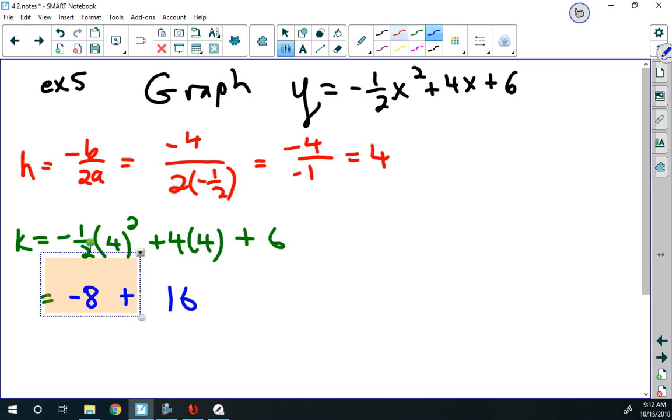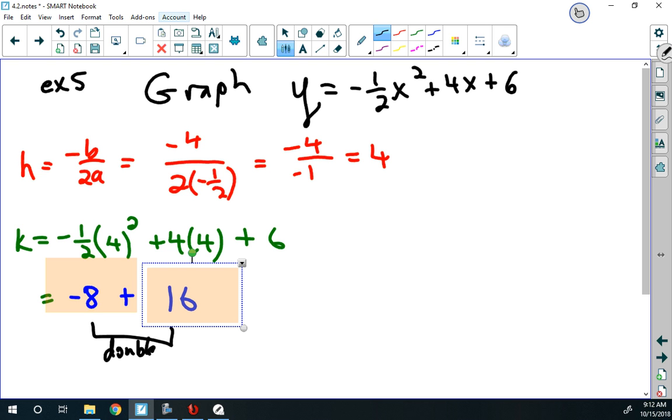And I mentioned this in some of my other classes. I don't know if I mentioned this or not, but if you do this right, these 2 terms are always going to be double opposites, if you end up going this route. If you think about 8 and 16, 16 is twice 8, and negative 8 and positive 16, they're opposites. One's positive, one's negative. If you found your h right and you're doing this right, those are always going to be double opposites.